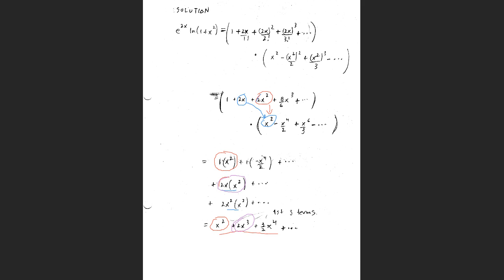And then I'm going to have the 1 times negative x to the 4th over 2, plus 2x to the 4th. That's going to add up to 3/2 x to the 4th. And then any other terms are going to be of higher power.